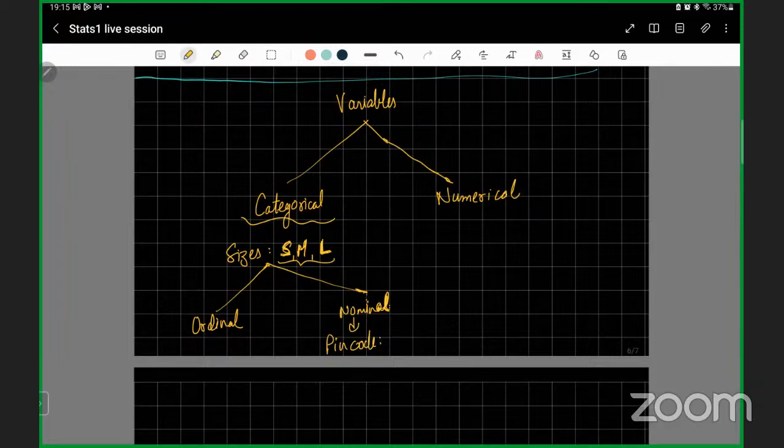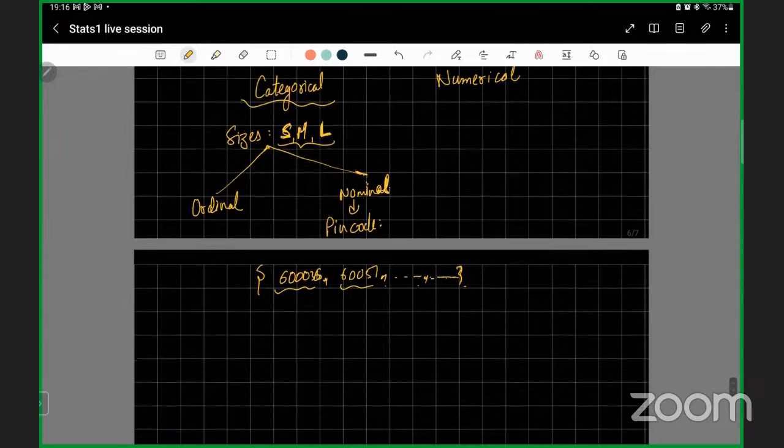Let's say I'm talking about the pin codes of a few places, like 60036, 60051 and so on. When you look at this, if I don't tell you that these are pin codes, anyone can say these are numbers. But if I say these are the pin codes, then you cannot arrange or sort them in any particular manner.